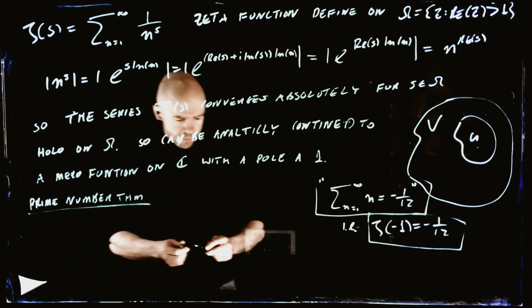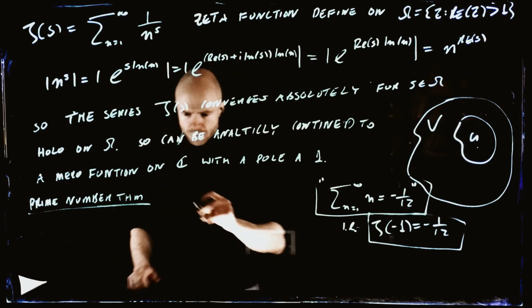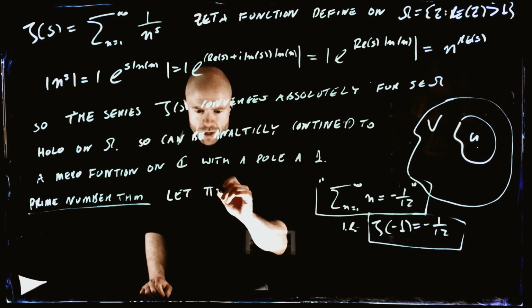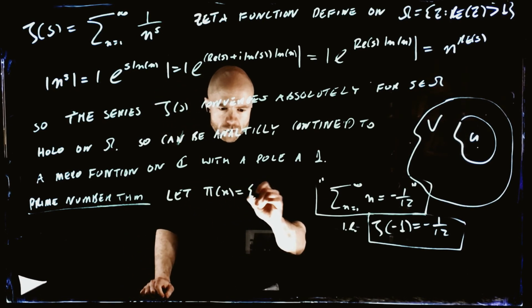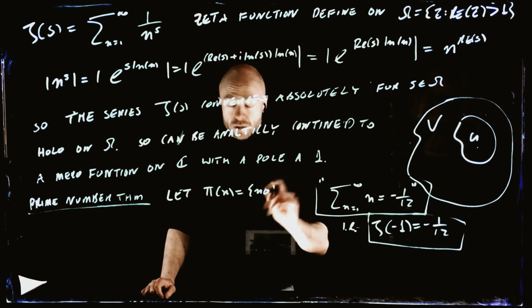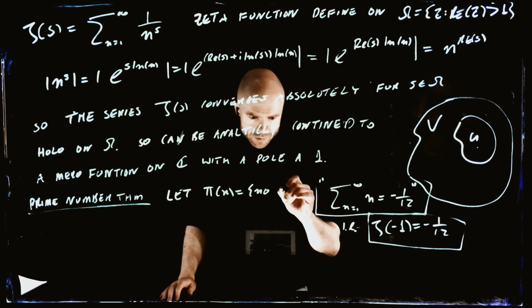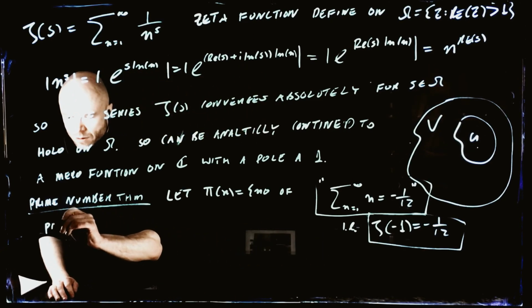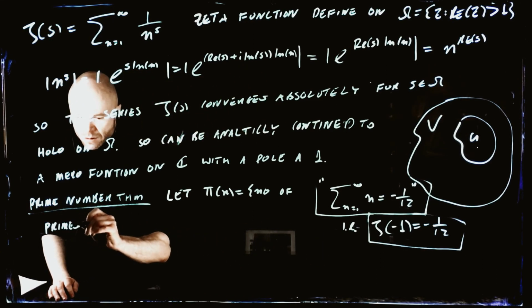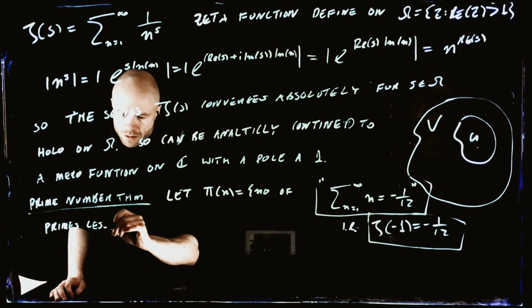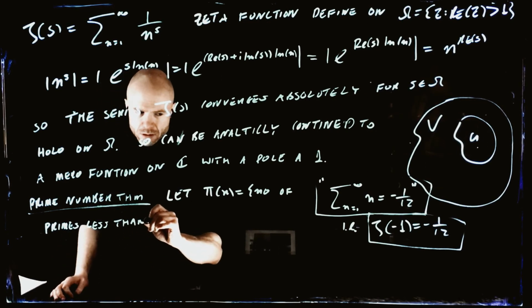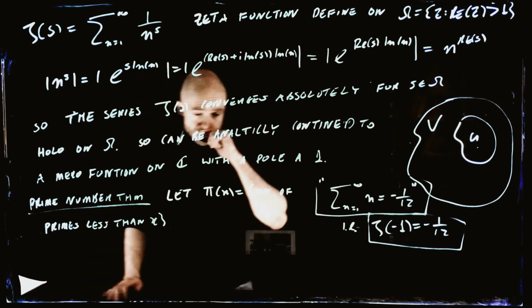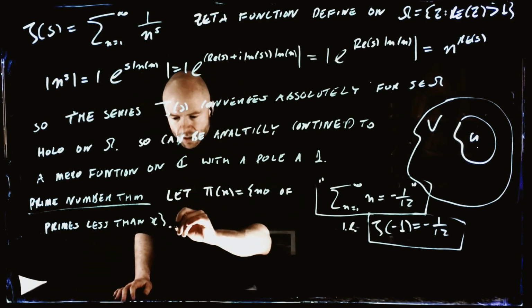If you let pi of x equal the number of primes less than x, then this thing has a particularly neat distribution.